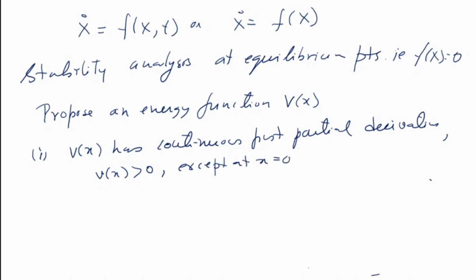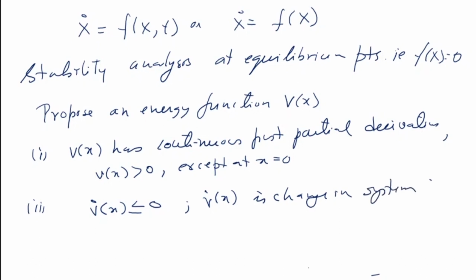So this is the first thing that V of x must satisfy. The second thing V of x must satisfy is that V dot of x is less than or equal to 0, where V dot of x is the change in system trajectories. I'll just explain this as we go along.